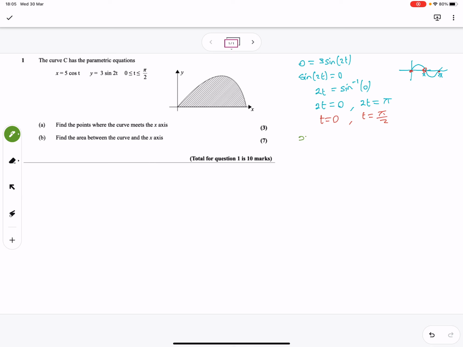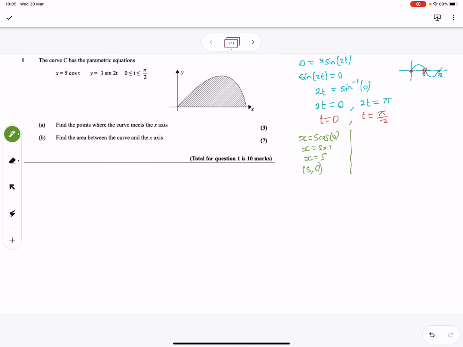So x equals 5 cos 0, which is 5 times 1, because cos 0 is 1, which is equal to 5. Therefore, the xy coordinate would be 5 comma 0, because y was equal to 0.